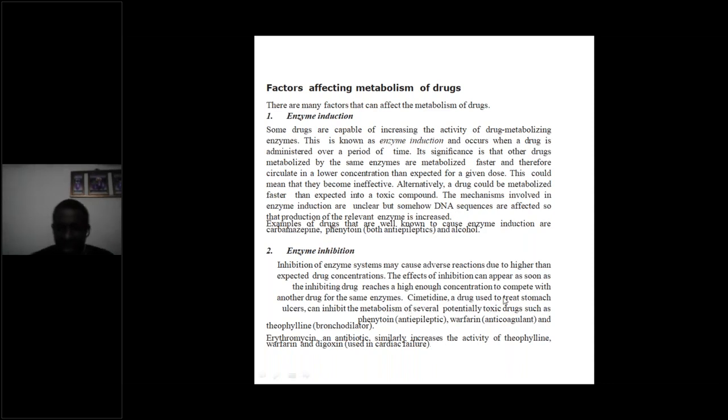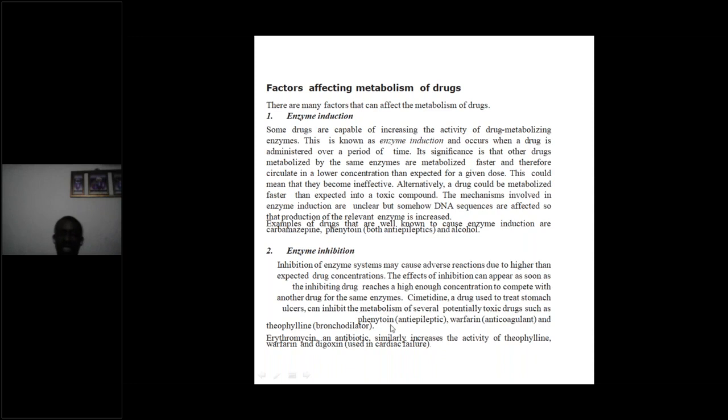We have cimetidine. Cimetidine is used for the treatment of ulcer. It can inhibit the metabolism of several potentially toxic drugs, such as phenytoin for epilepsy, warfarin for anticoagulation, okay, theophylline as a bronchodilator. So these are drug-drug interactions through the impact of enzymes. So when you are administering cimetidine, it's important to find out whether the person is on these drugs.